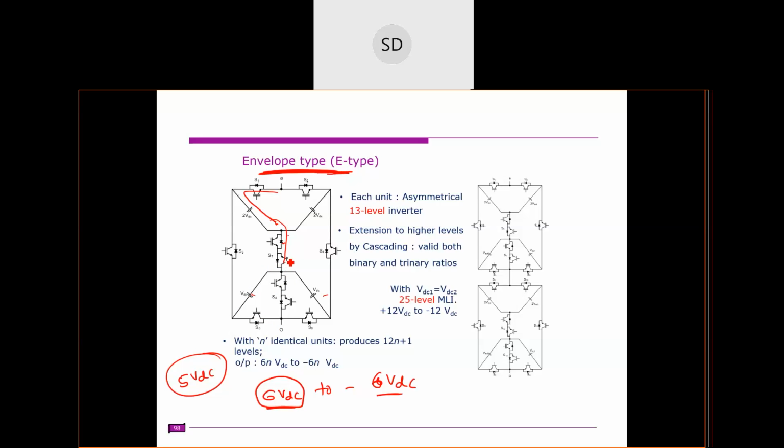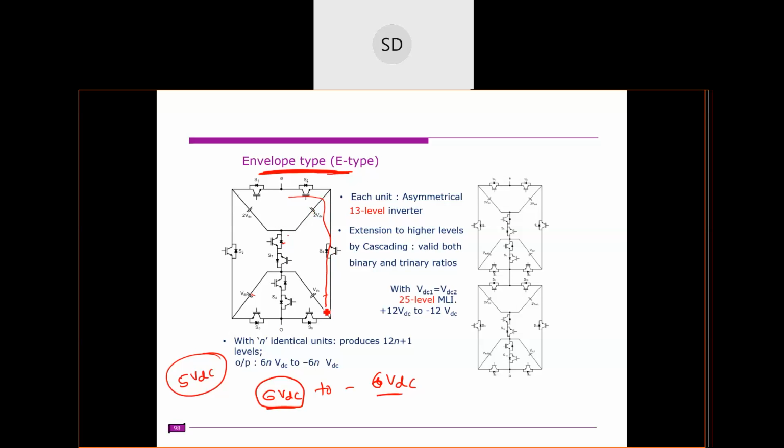If it is only 2 VDC, straight away connect here. Clear? If it is 1 VDC, which switches do we need to turn on? S2, S4, S8. You can bypass here.